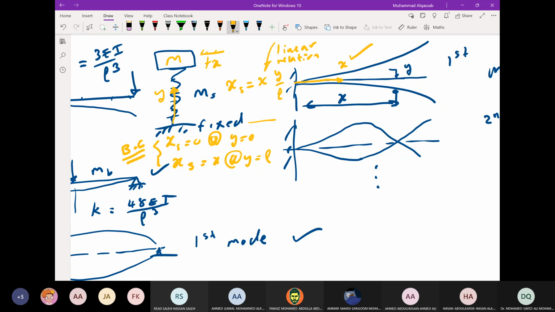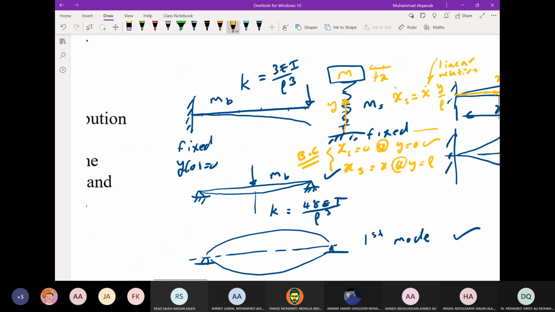When y equal to 0, then 0 multiplied by x divided by L is 0, which satisfies the first boundary condition. When y equal to L, then y over L is 1 multiplied by x, so it satisfies the second boundary condition. You can differentiate this to get the velocity. Y is not a function of time here; y is the length of the spring.